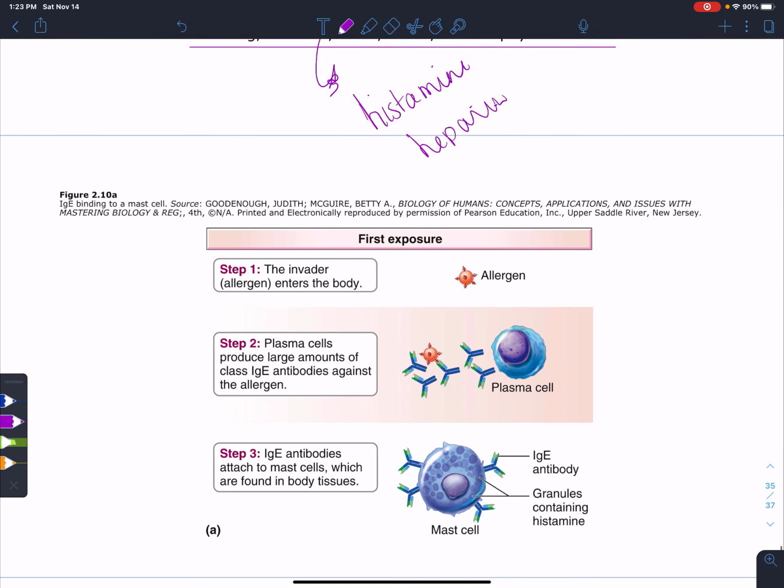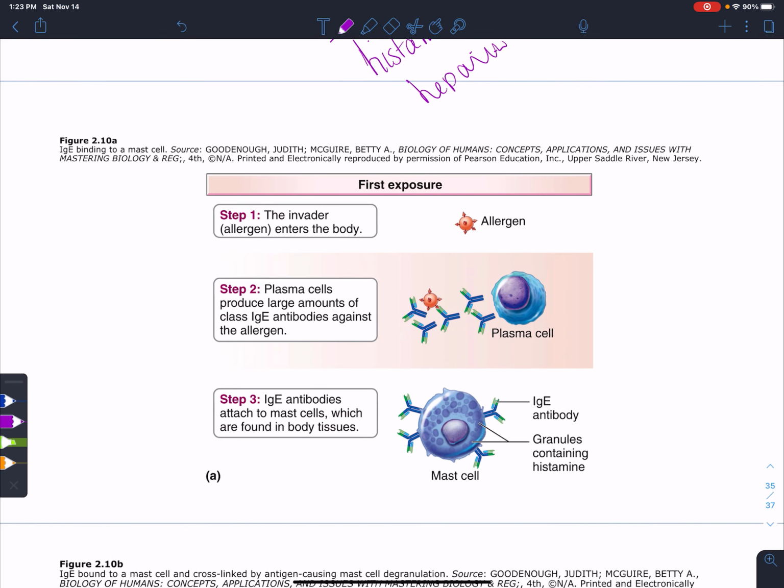Okay, so first exposure, here we're going to show the allergen, and this is why most of the time when you're initially exposed to an allergen, you don't have an anaphylactic reaction. A lot of people will say, I'm not allergic to poison ivy. Well, the first few times you touch it, you're probably not.